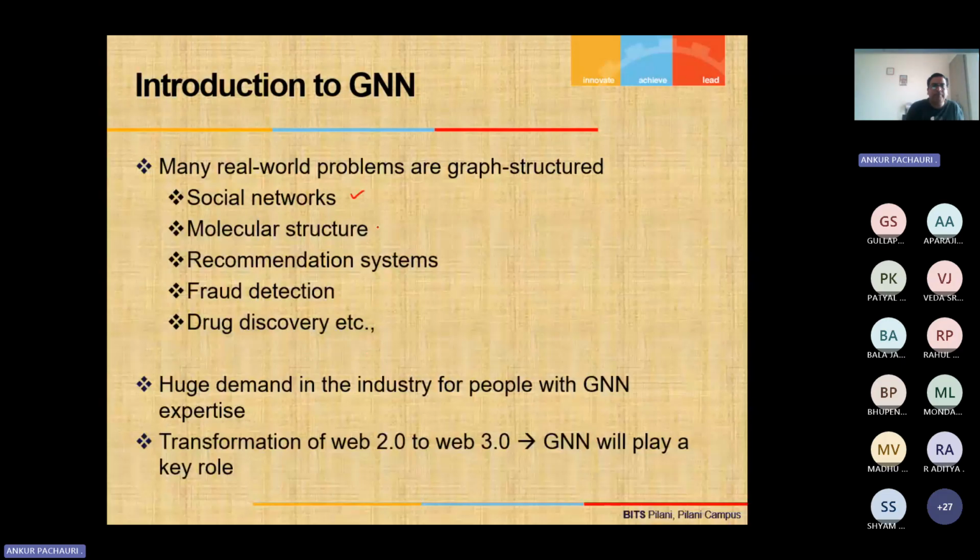Molecular structures, in chemical and biological data: there are electrons, protons, neutrons, genes, chemical compounds, metallic and non-metallic, whatever it be. They are in the form of points with their interconnections and bonds, so that also is a graphical structure. A recommendation system can by default be a graph structure. What is it in an easy way? Prediction of a new edge.